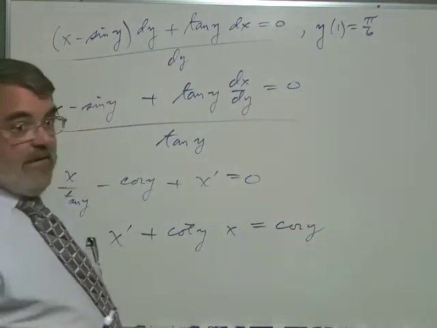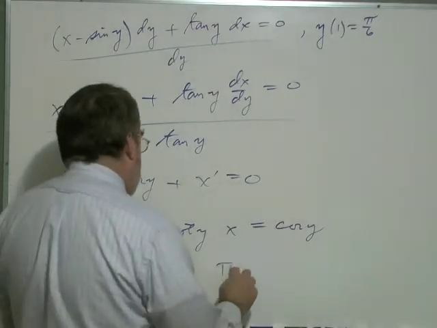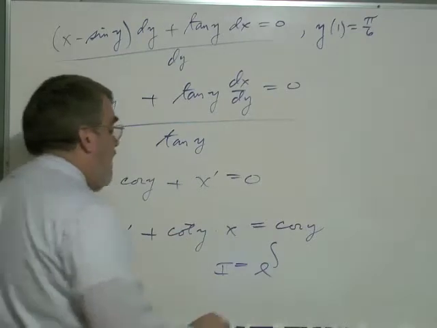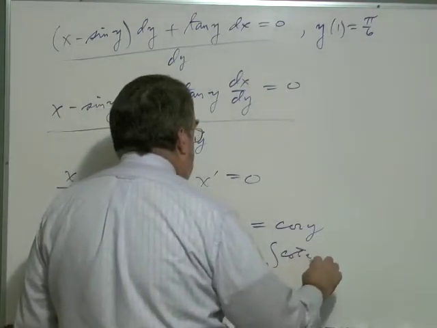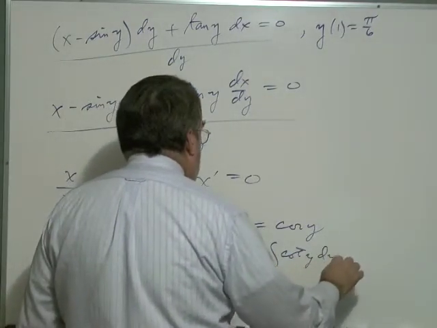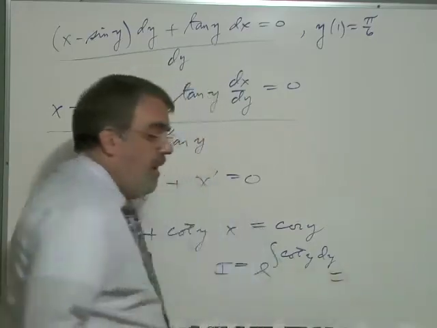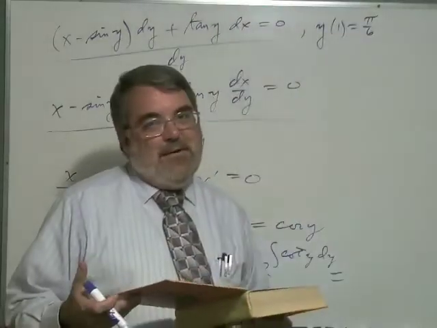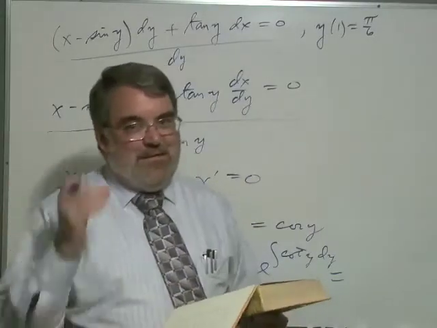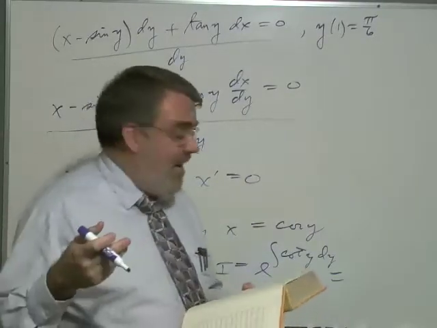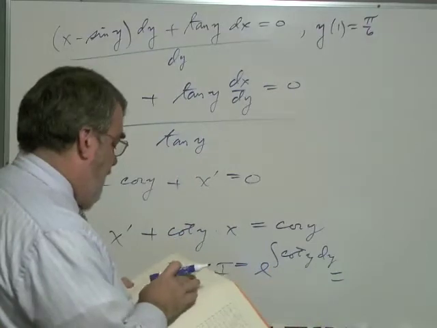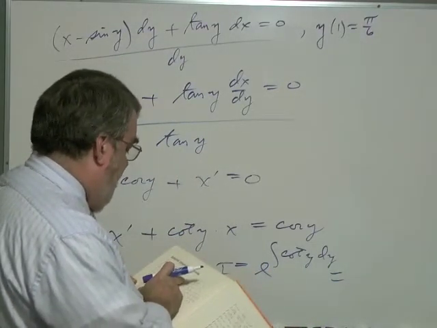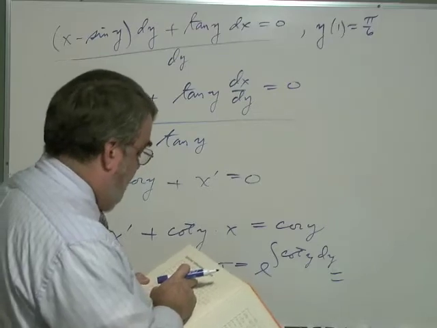Alright, so what's our integrating factor? Our integrating factor would be e to the integral of the cotangent y dy. And I'm going to look that up. Hang on. I don't have quite all these integrals in my head, so I just want to make sure. The integral of the cotangent function is the natural log of the sine.